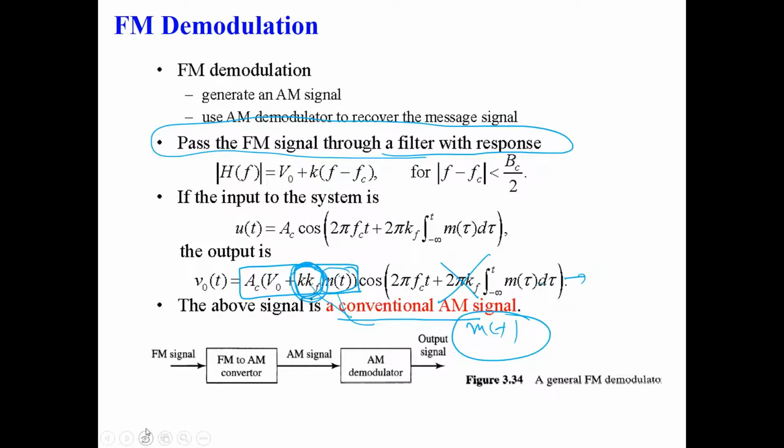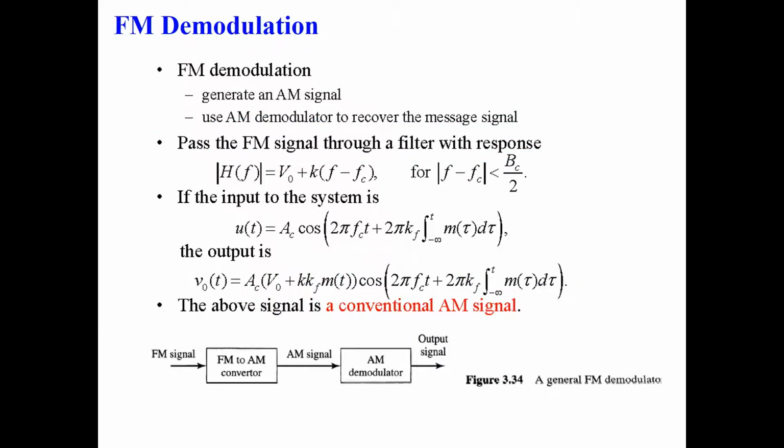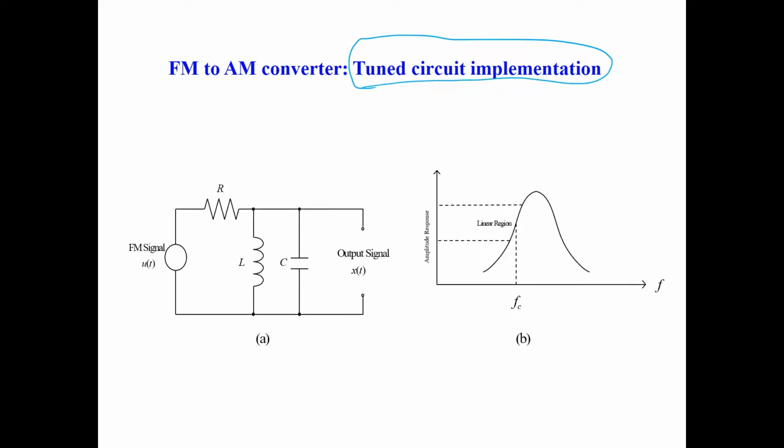Now let's see how we can actually implement this FM to AM converter. Basically we have to implement this filter. We can implement the FM to AM converter using just a tuned circuit, because we just have to implement a filter which has the response I have just shown earlier. This is the frequency response of that filter.